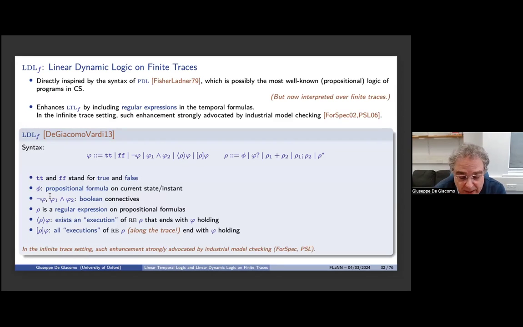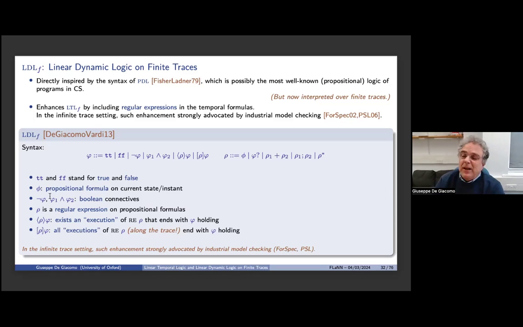It doesn't really look into the real tests and the real first order elements that you might have in a test. This is called propositional dynamic logic.